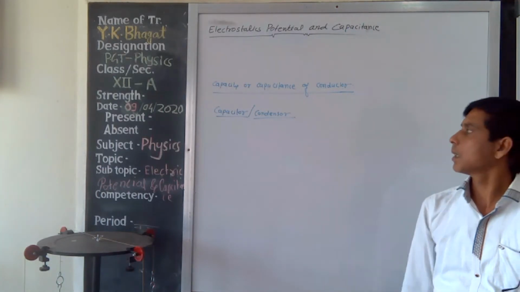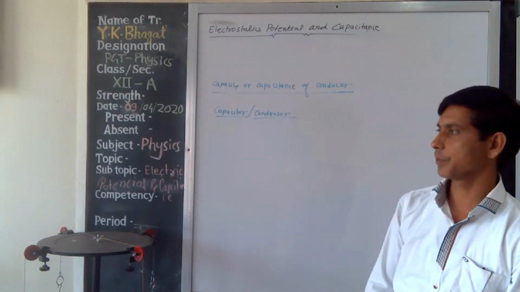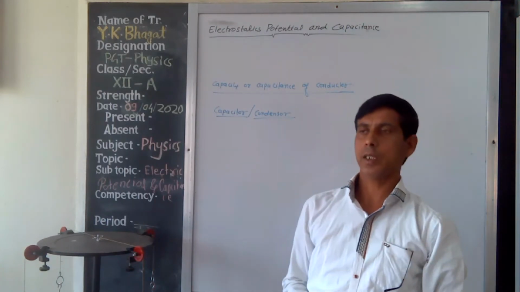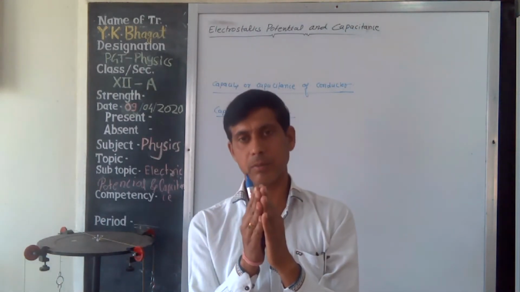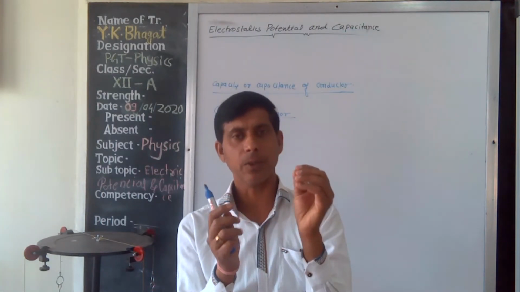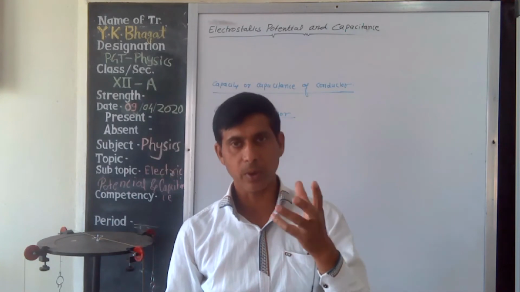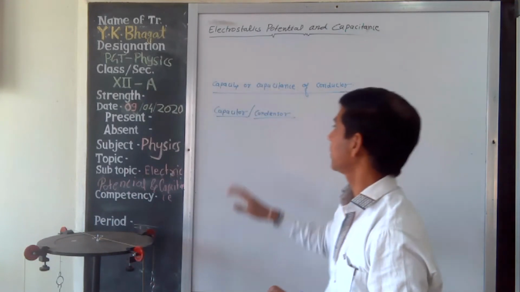What is a condenser or capacitor? The main property of a condenser is to store charge. In many electronic devices, a condenser is used as a charge storage device.